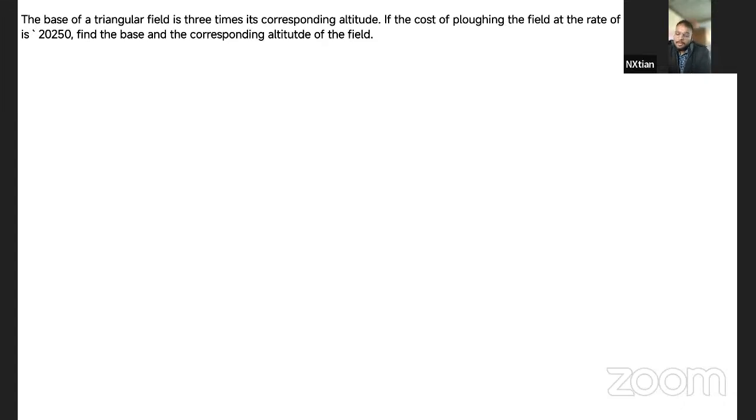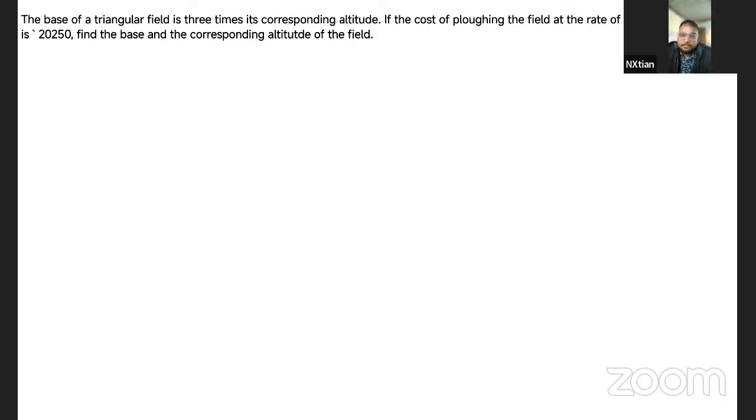The base of a triangular field is 3 times its corresponding altitude. If the cost of plowing the field at the rate of 15 per square meter is 2025, find the base and corresponding altitude.